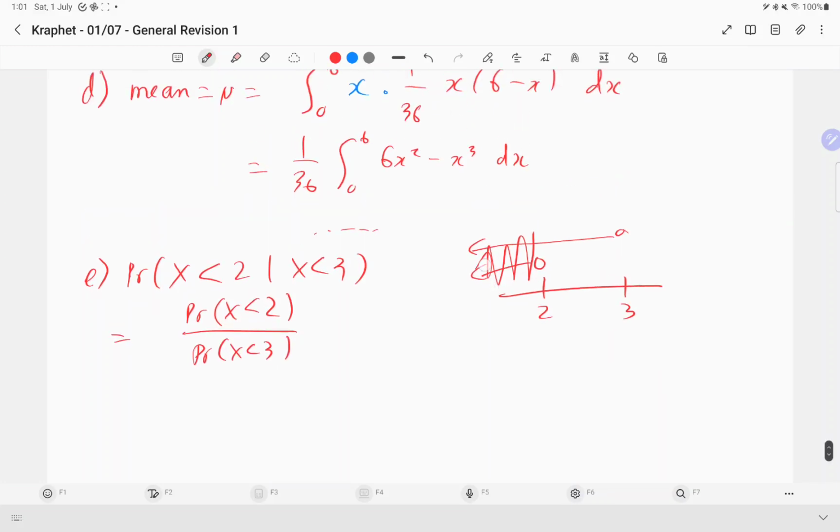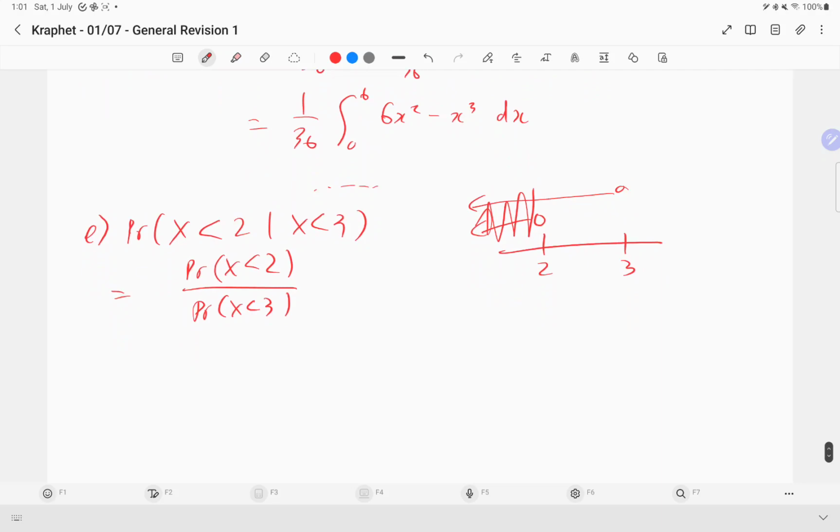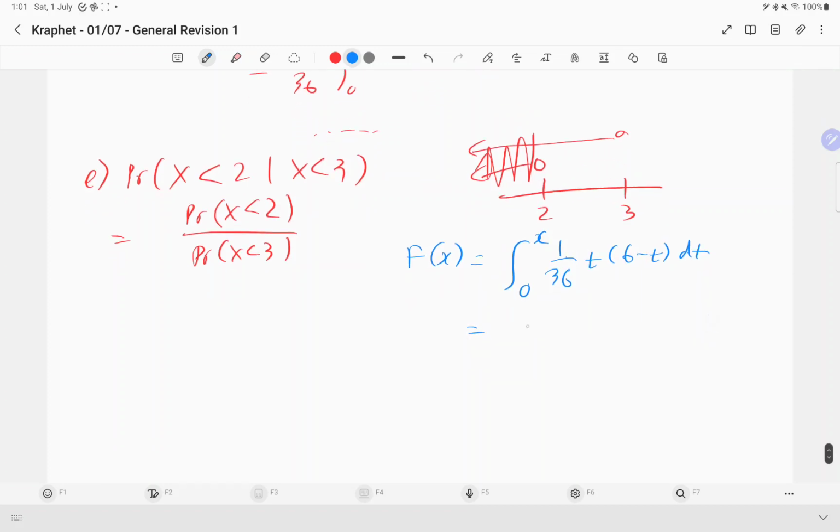Now, to do E and F, it might be easier to find the big F of x. Big F of x would be the antiderivative from 0 to x of f(t) dt. So 1 over 36 times t(6 minus t) dt. It's just finding the area to the left. We already did this calculation before.